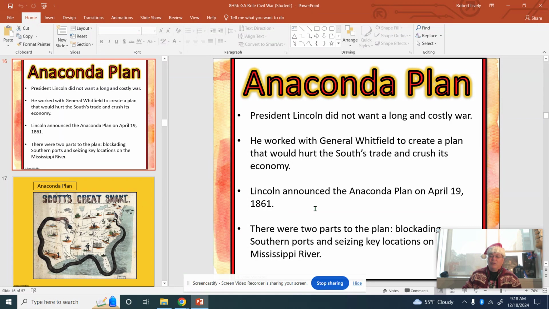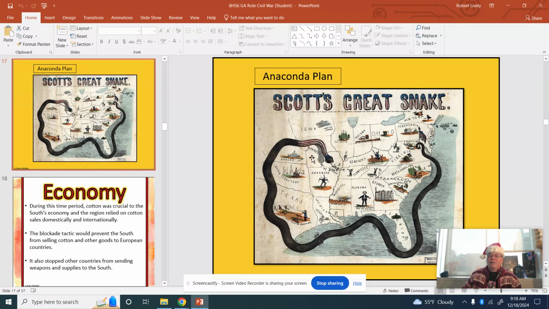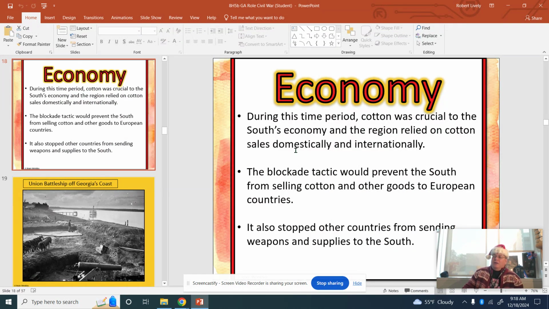There were two parts to the plan: blockading southern ports, so not allowing any ships in or out of the southern ports, and then seizing key locations along the Mississippi River. This is what it looked like. So basically, a big snake wrapped around the South, squeezing in on it, and not allowing any trade. So that had an effect on the economy.